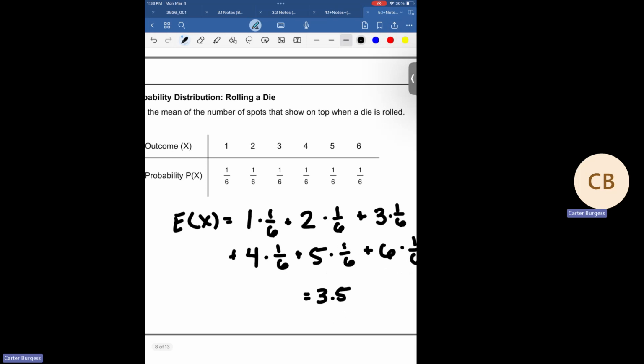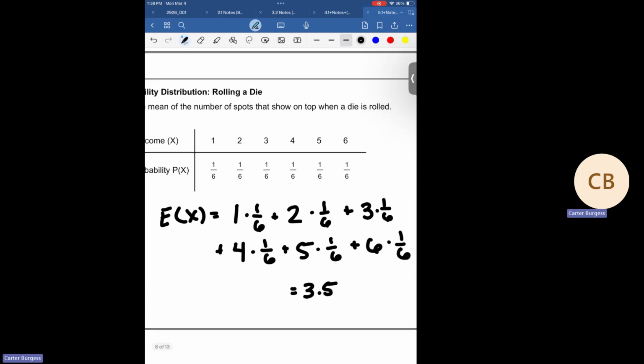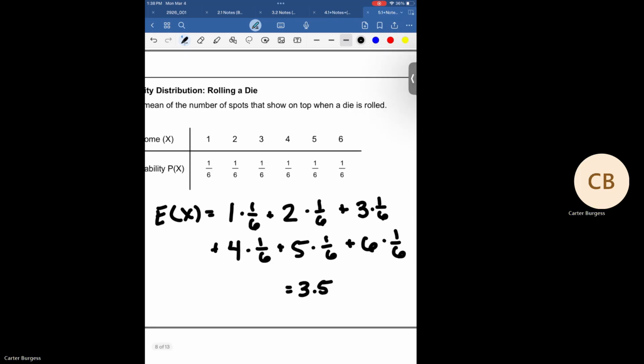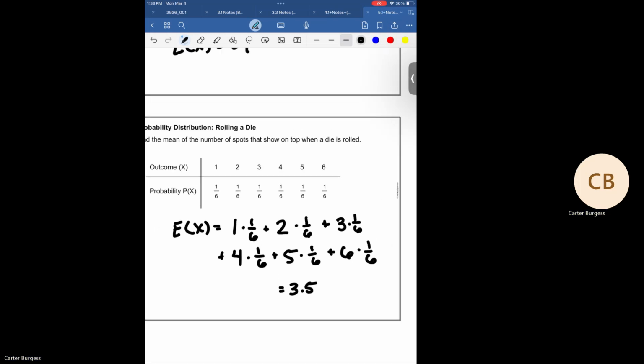I also want to know it from the 2 and the 3 and the 4, and then we add them all together to get that 3.5. So all we're doing is essentially finding the mean for our PDF. It's a weighted average where the weights are the probabilities. And that gives us a thing called the expected value.